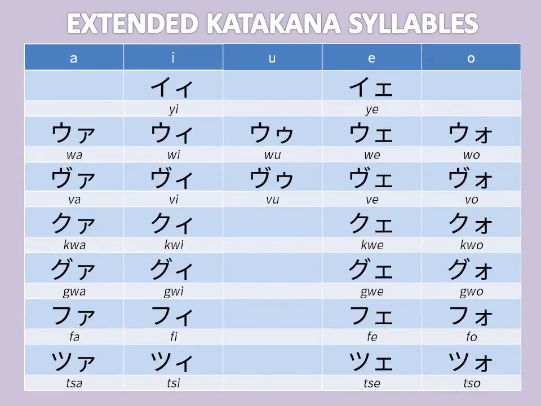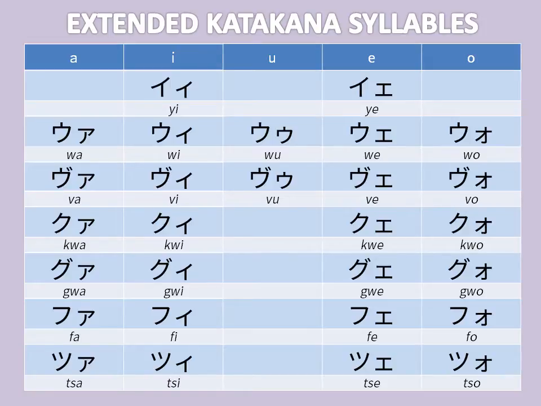Now we have something that katakana has but hiragana does not. As katakana is a script used to express words which are foreign to Japanese, we need sounds other than the normal katakana sounds.